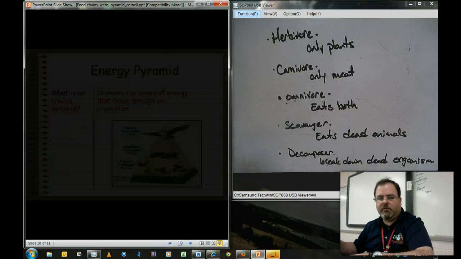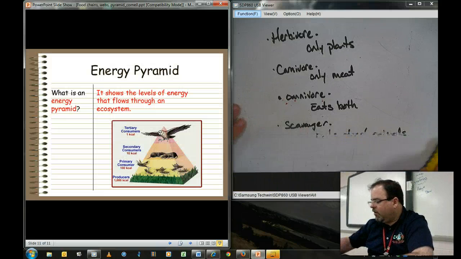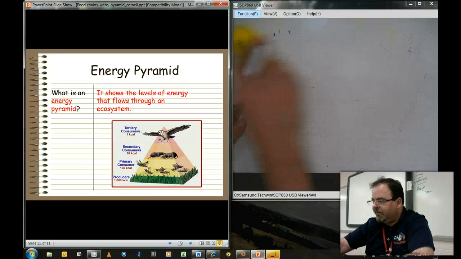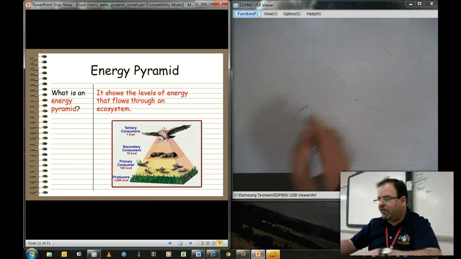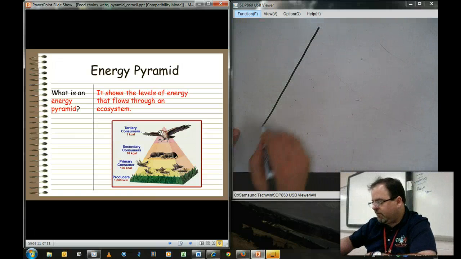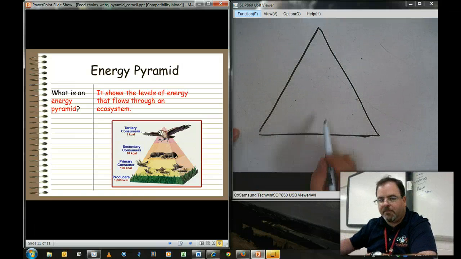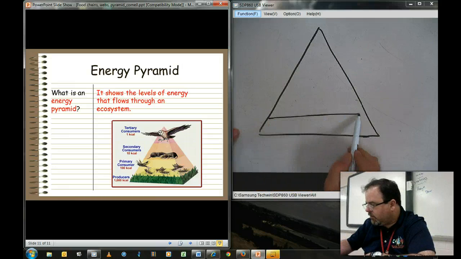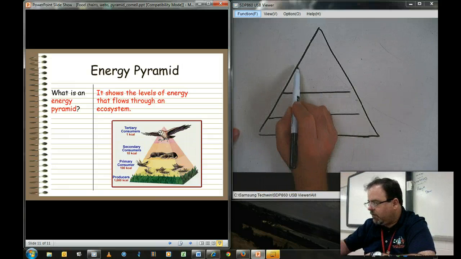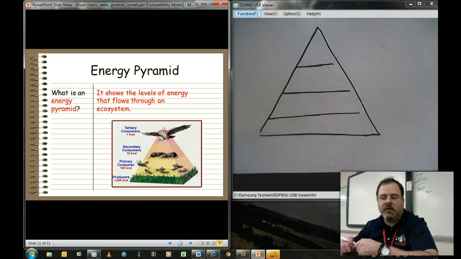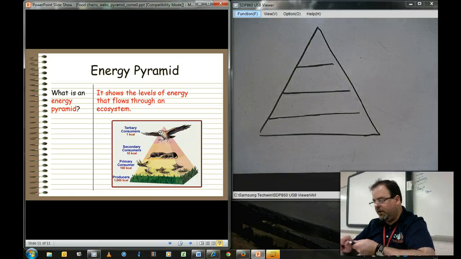And then finally, you need to talk about the energy pyramid. The energy pyramid has several different parts to it, but pretty much it's just showing you the levels of energy through an ecosystem.